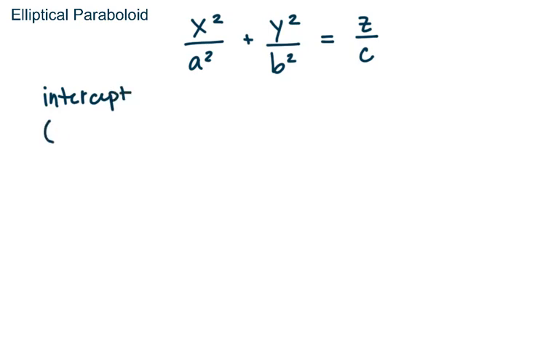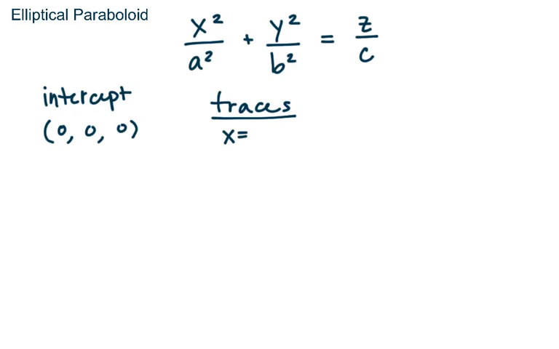If we look at trying to find the intercepts by, say, letting x and y be 0, we would get 0, and that would have to equal 0 for this to be balanced. So we've got 0, 0, 0, and that's the only intercept we have here. For our traces, we look at letting each of the variables be equal to a number.